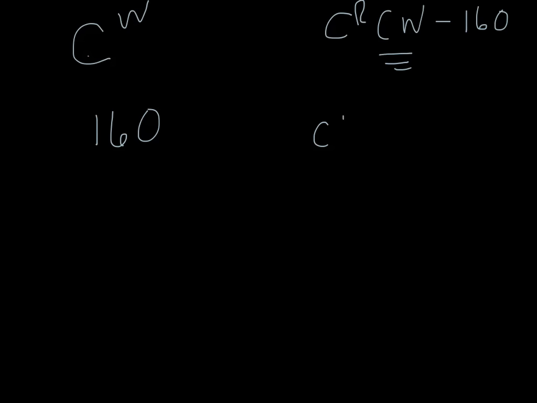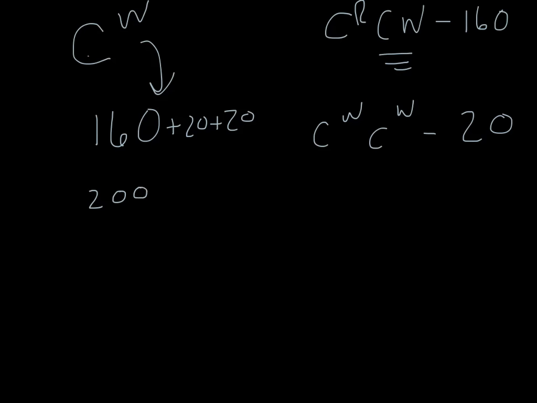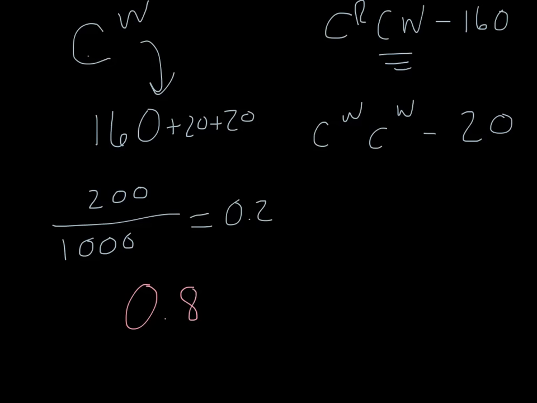And then CW CW was 20, so we're going to do plus 20 plus 20, which gives us 200, and that's over the original 1,000, which equals 0.2. So if we did 0.8 plus 0.2, we get 1, or CR plus CW equals 1.